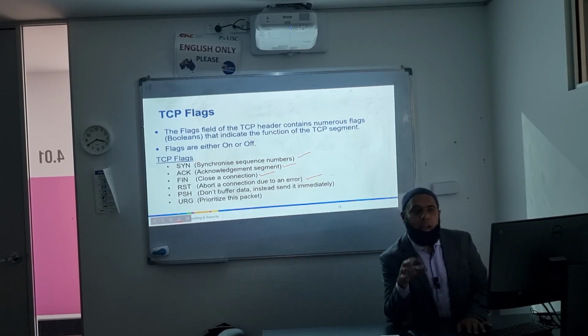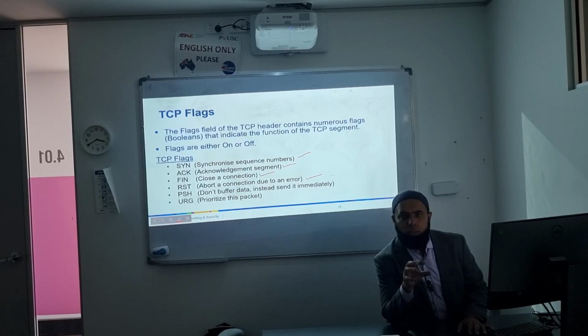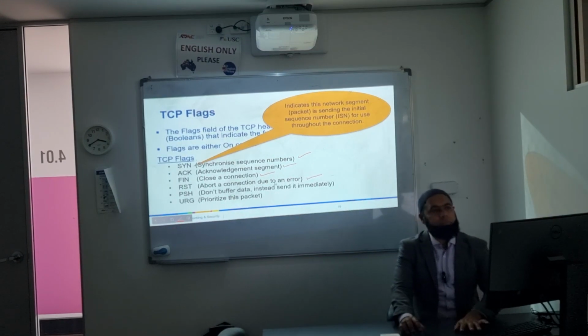These are the different flags we are going to use in the TCP packet to do the communication. So these flags are either on or off. If it's on, it means that flag is working and doing its job. If not, then it's not working.